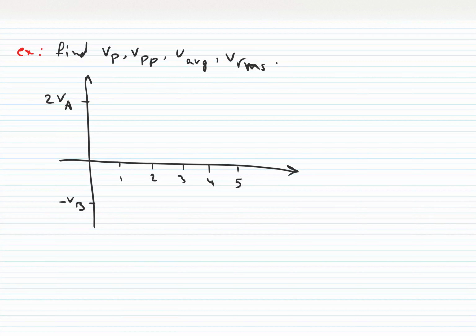Here is 2VA, and here is minus VA, and the signal starts from 2VA, goes to minus VA, then it returns to 0, goes to 2VA for 1 second, and again returns to 0.